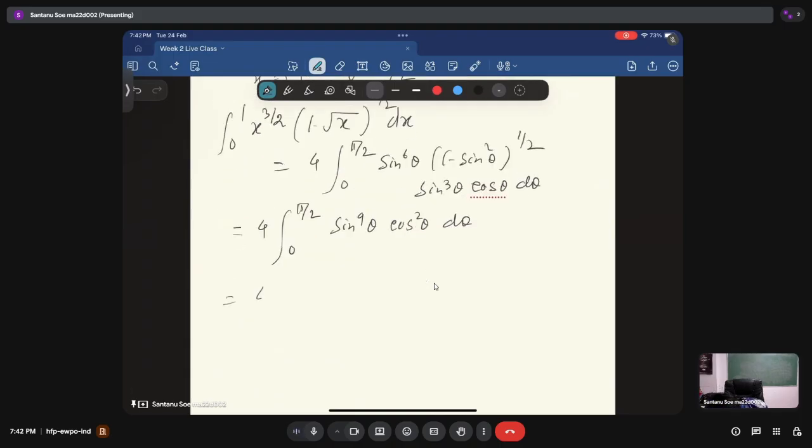So this is 0 to pi by 2 sine to the power 2 times 5 minus 1 theta into cos to the power 2 times 3 by 2 minus 1 theta d theta.